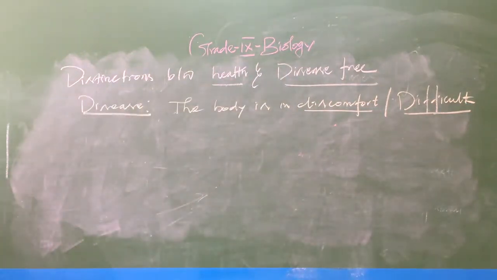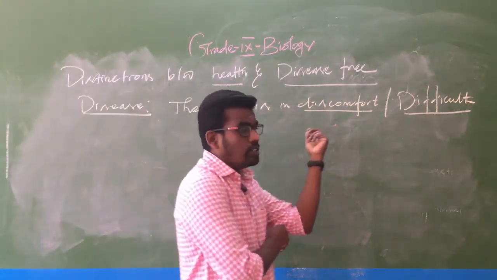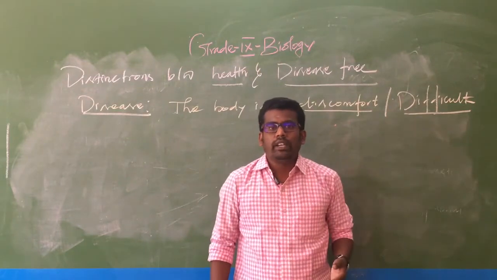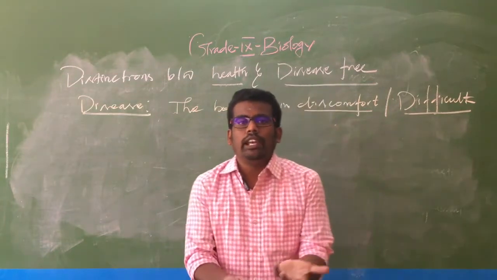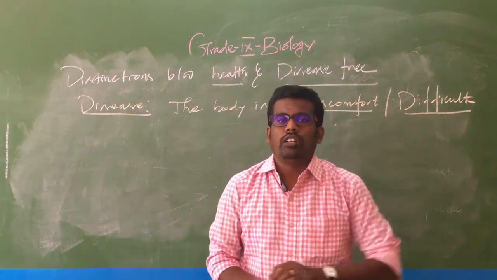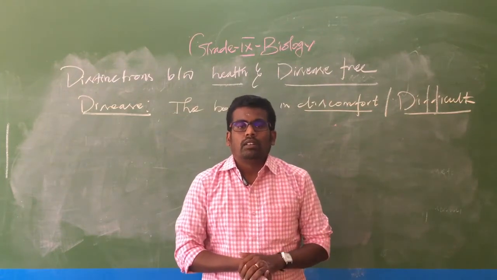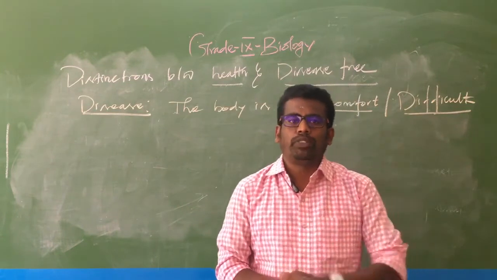Now we are going to see examples. The first example, there is a good dancer. The dancer should be healthy and disease free, so then only he can give such nice movements, nice steps.